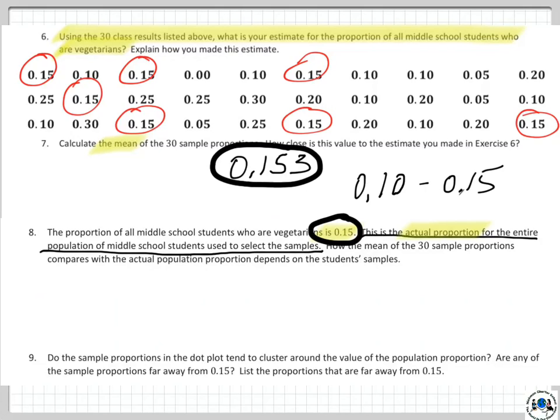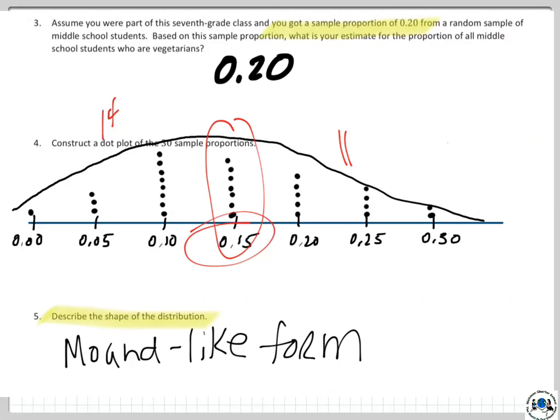Okay. Now, do the sample proportions in the dot plot, this is number 9 here, tend to cluster around the value of the population proportion? Are there any sample proportions far away from 0.15? Okay, if we look at that dot plot again, which is so very helpful, well, yeah, there are. There's one right here that's pretty darn far away.